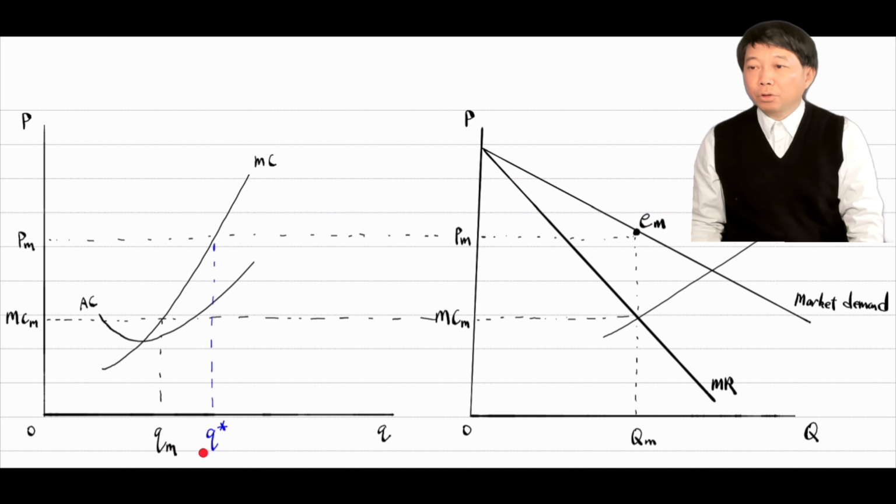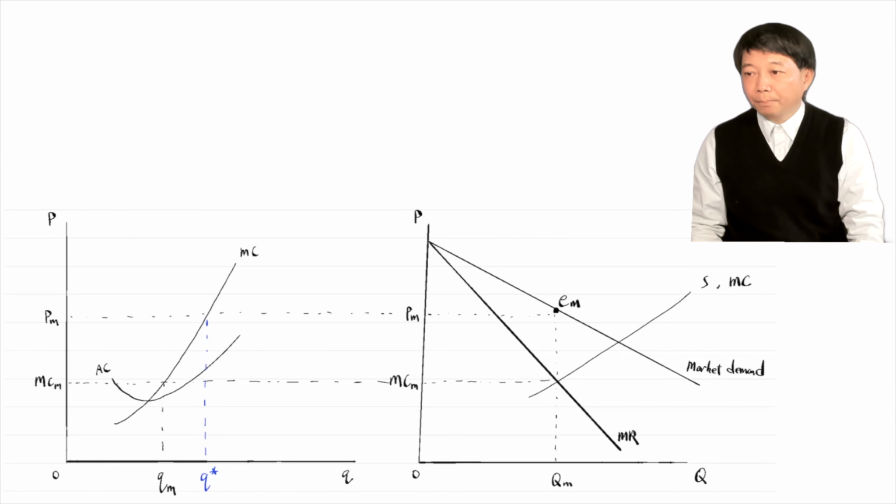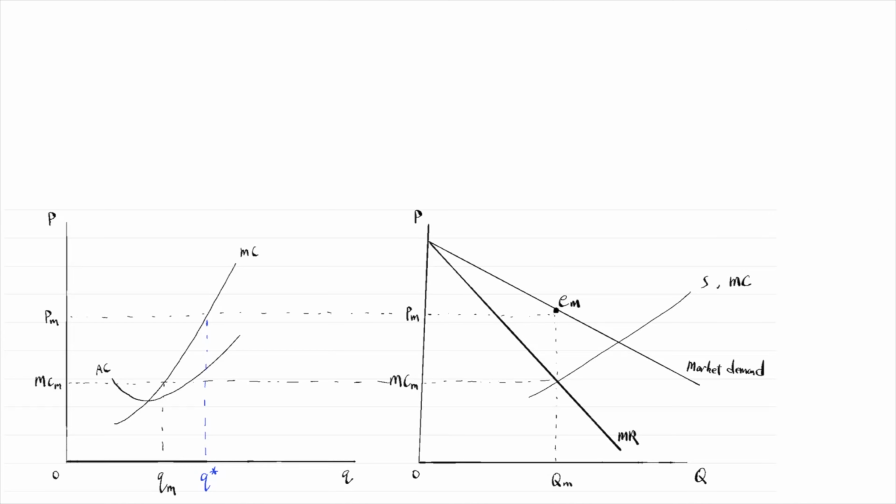Therefore, each cartel member has an incentive to produce more than the cartel's quota. However, if each firm produces more, then the market supply curve will shift to the right and lead to a decrease in the cartel price PM. Eventually, the cartel collapses.